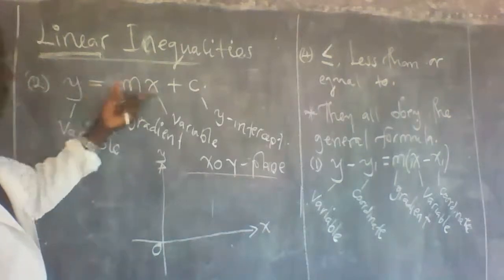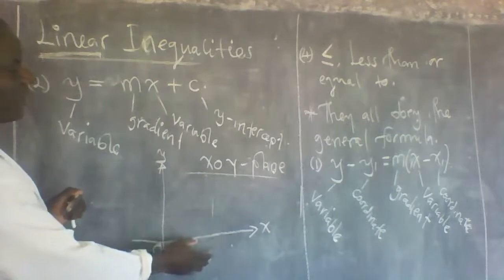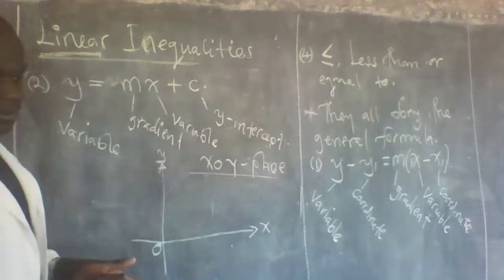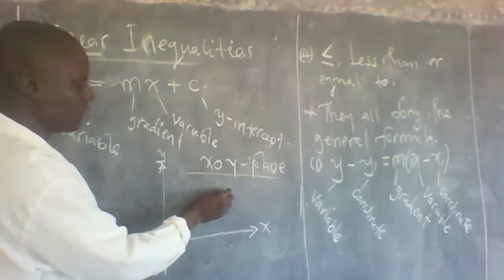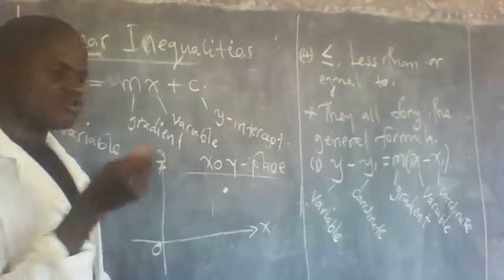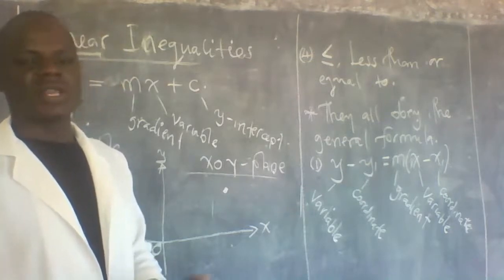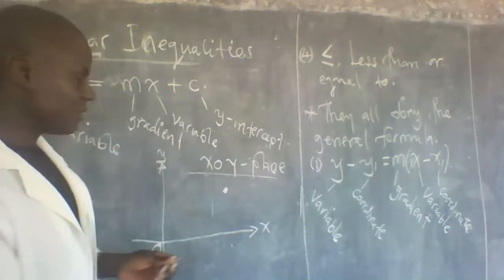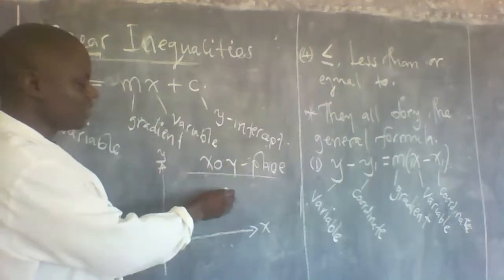So when the inequality which has got such features is plotted on an x or y plane, the type of line is a straight line. But be reminded that when you're drawing a line, you don't need a single point, rather you need more than one point. Why? Because if I'm to ask you to draw a line passing through that point, there's too much ambiguity.